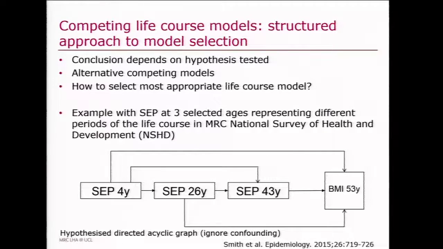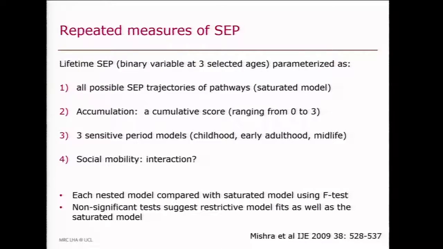And this is kind of the hypothesized DAG, which is very simple, and it does ignore any confounding on any of those variables. So, as I say, we had these 3 variables at these 3 selected ages.